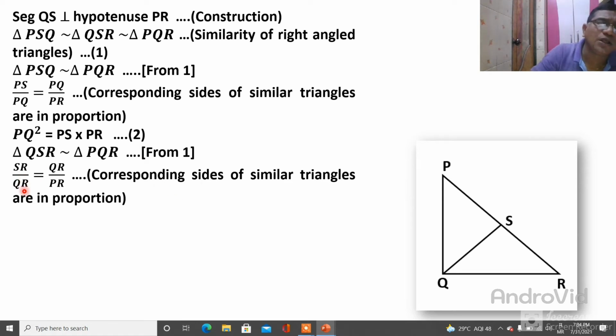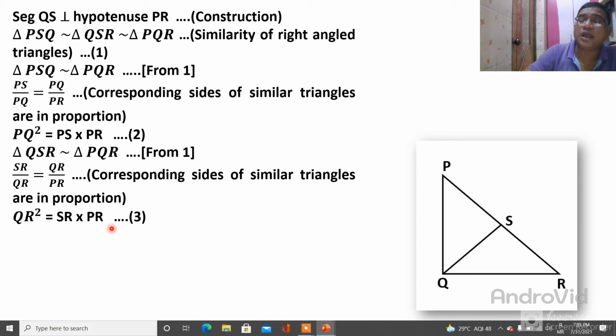Cross multiplication: QR into QR gives QR square, so QR square is equal to SR into PR.